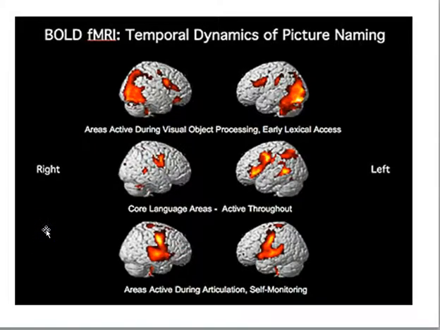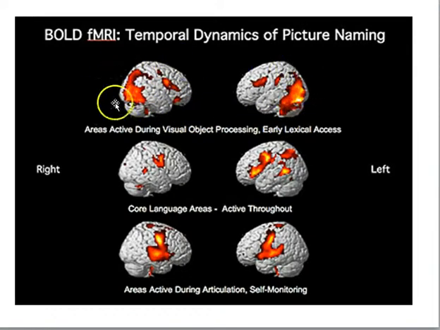Okay, so let's take a look at a couple more examples of these functional MRI images. Here we see the result of a study that asked the subjects to do various tasks, for example, naming a picture that they see. So it's a visual task: they see a picture and then they have to say what it is. The scans are broken down into a temporal order.